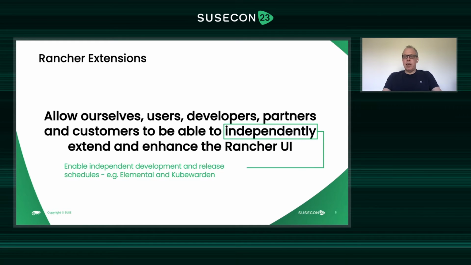So Rancher itself has a release schedule. These other products and projects we're working on will have their own release schedules, and we don't have to now tie the UI of one to the other. So we can release Rancher quarterly or whatever we choose to do, and then we can release Elemental and Kubewarden on their own schedules and improve the UI, and users will get that enhanced experience within their Rancher Manager UI without any issue.